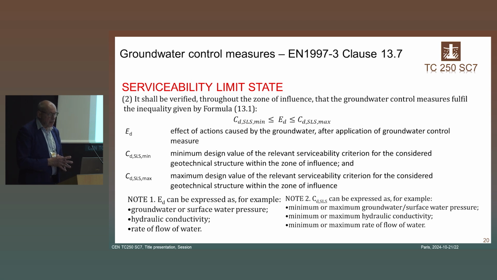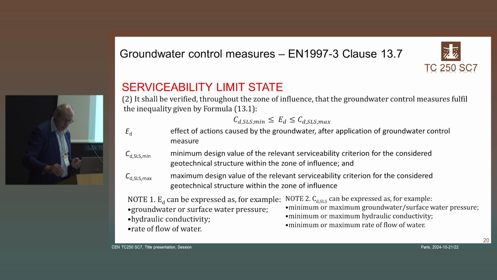Important is the limit state verification. We have chosen that the groundwater control measures is something which has to do with water heights and groundwater levels on both sides of a barrier or an inflow or whatever, and that is more a serviceability limit state.